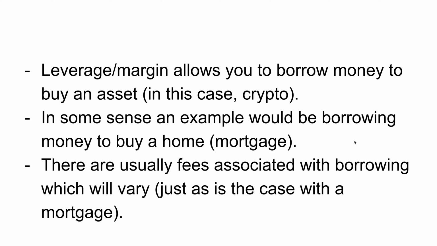So you're basically asking the bank to borrow money, and then you're going to use that money to buy a home, and basically the bank or whoever you borrowed the money from says, okay, I am going to hold your asset as collateral until you pay me back everything.